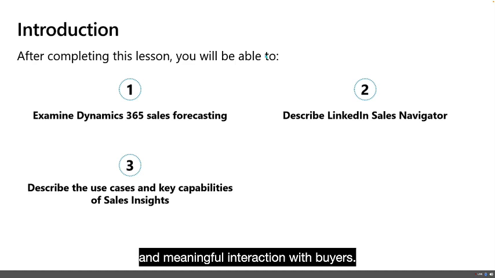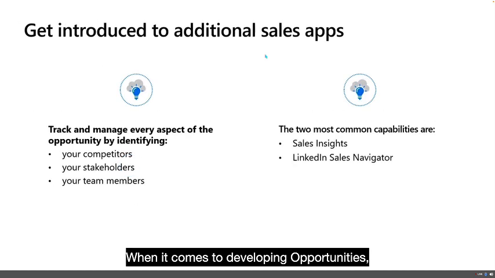And while Dynamics 365 can help with some of this, instead of cold calling every single lead that comes across your sales team's desk, wouldn't it be nice if you could identify your target prospects and information that could develop the relationships? Well, allow me to introduce you to Sales Insight and LinkedIn Sales Navigator.